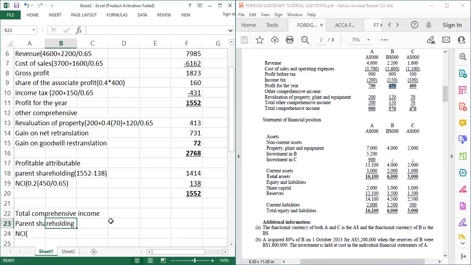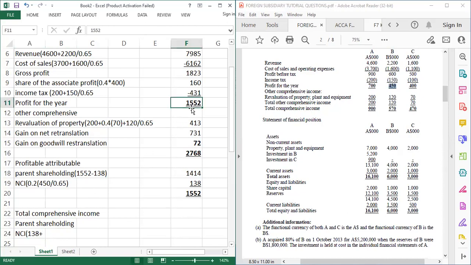All right. So right now, how much are we sharing? We are sharing 2768, which is the total comprehensive income for the year. But this total comprehensive income for the year, already NCI is taking 138 out of it. So they have taken 138 out of this one.